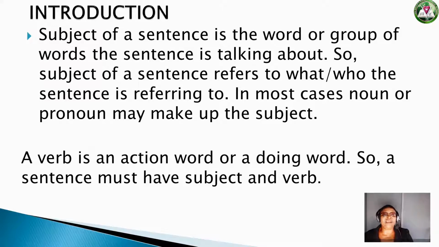It is expected of you to speak correct English using the subject and the correct verb. It is expected of you that your subject and your verb in a sentence will agree.